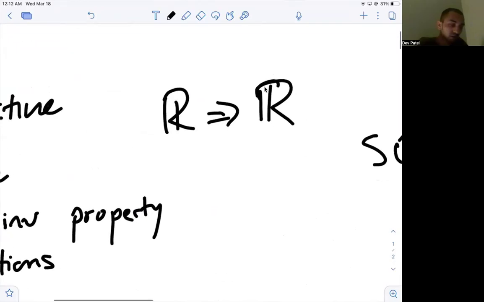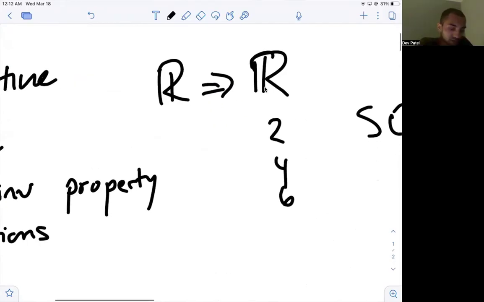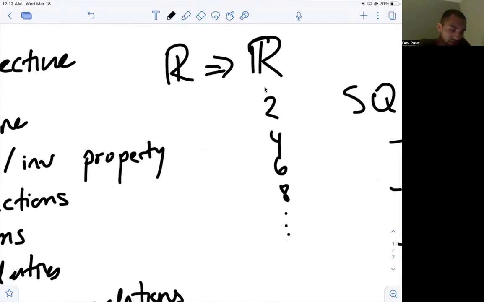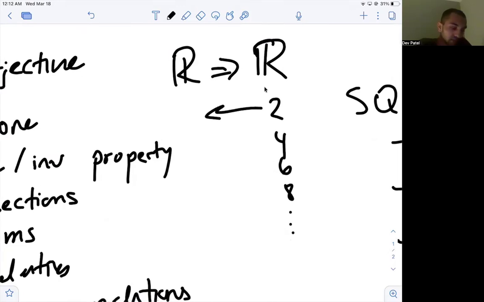Onto, or surjective, functions mean that every value in the range has an appropriate input. If we have real numbers to real numbers, every single real number can be mapped to an appropriate input. So if we have, for example, 2, 4, 6, 8, and so on as our range, each of these has to be mapped to at least one input.